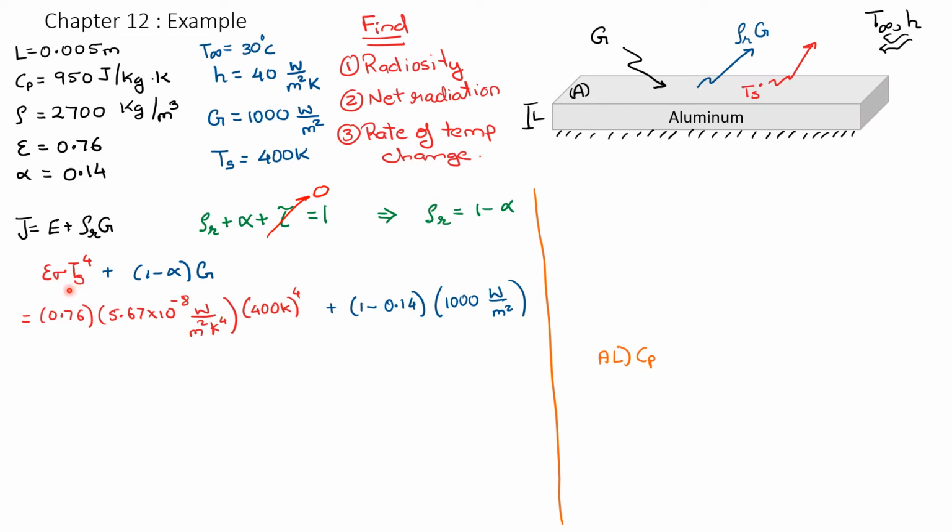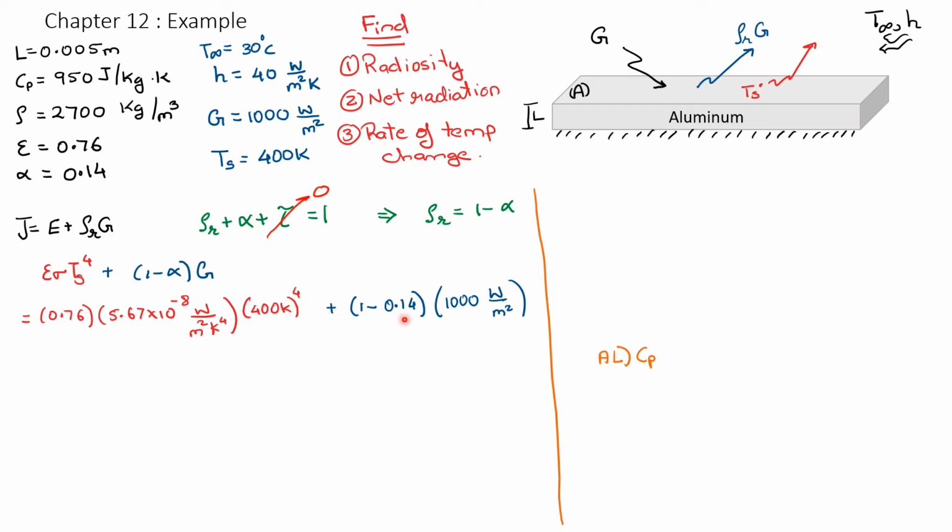So let's substitute the values. Our emissivity is 0.76, Stefan-Boltzmann constant 5.67 times 10 to the power minus 8 watt per meter square Kelvin to the power 4. Surface temperature of aluminium is 400 Kelvin to the power 4, plus 1 minus alpha.